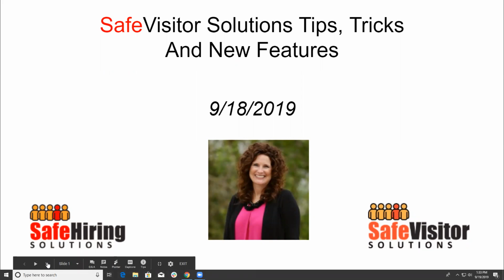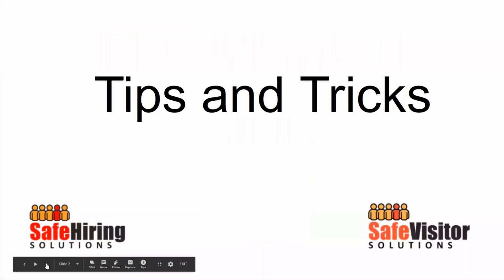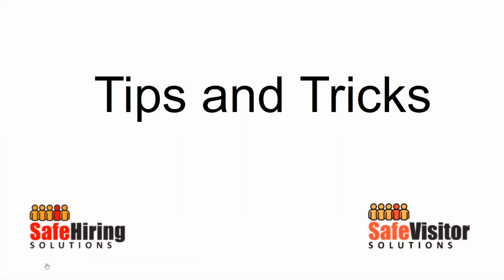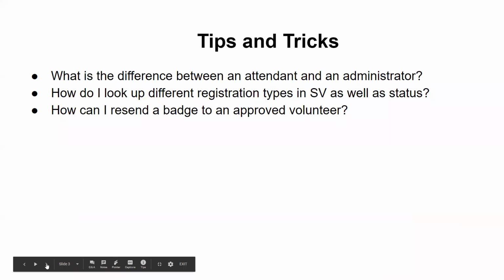Something that comes up frequently is, what's the difference between an attendant and an administrator, an administrative position within SafeVisitor? How do I look up different registration types in SafeVisitor, as well as the status of those registration types?